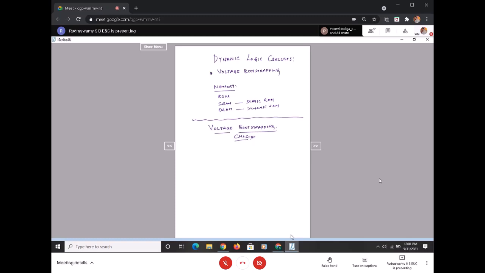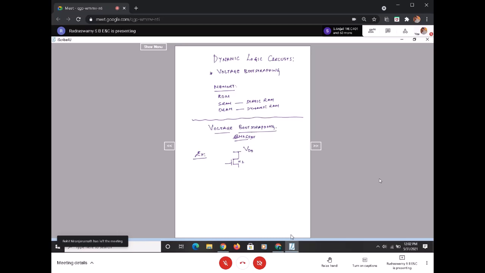Does anyone know what this voltage bootstrapping is all about? Yes or no? Quickly. Okay, so I'll take an example. Before we go to the voltage bootstrapping, we'll take an example of a MOS circuit.